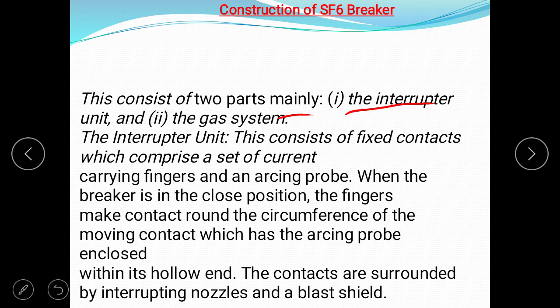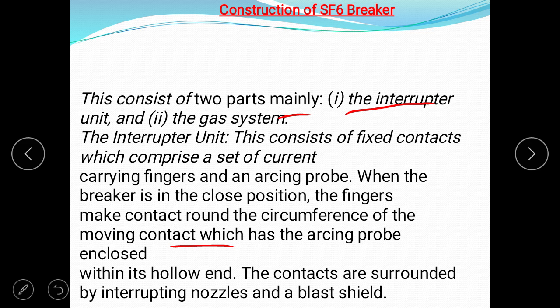The first part, the interrupter unit, consists of a fixed contact which comprises a set of current carrying fingers and an arcing probe. When the breaker is in the closed position, fingers make contact around the circumference of the moving contact, which has the arcing probe enclosed within its hollow end.